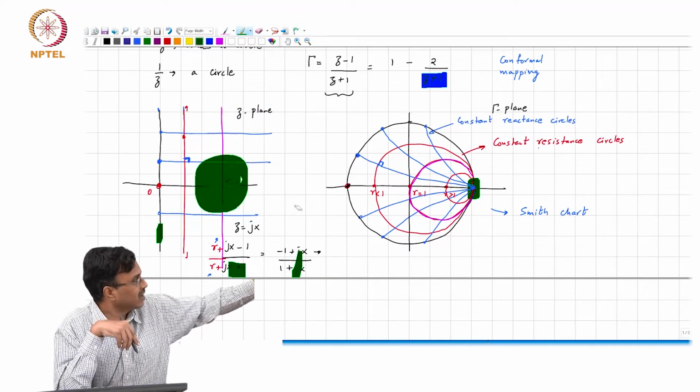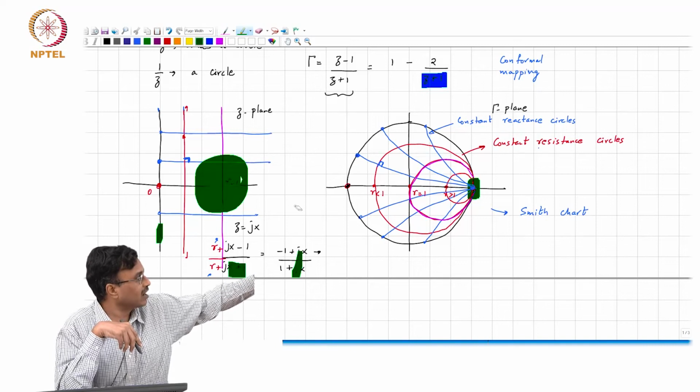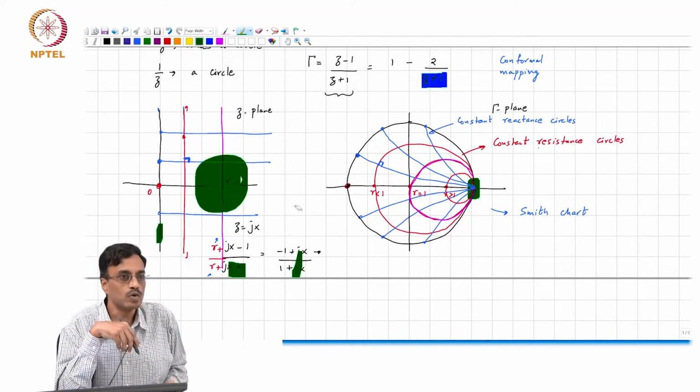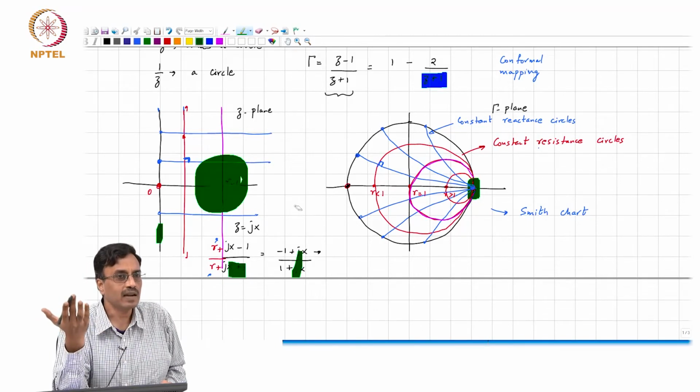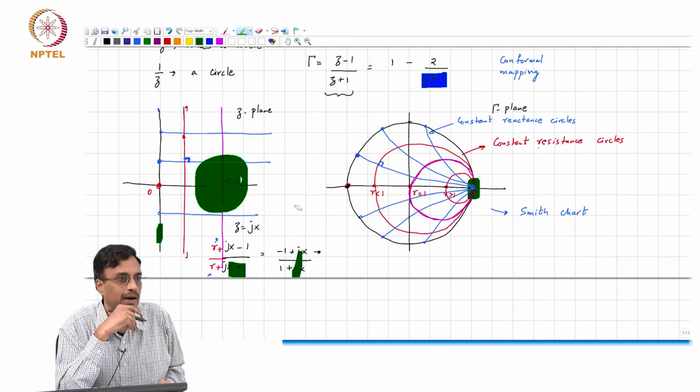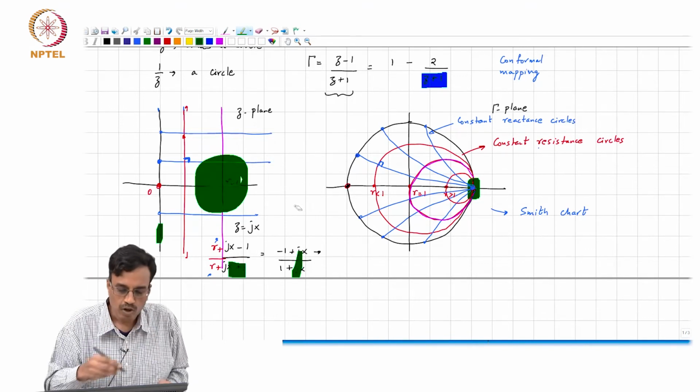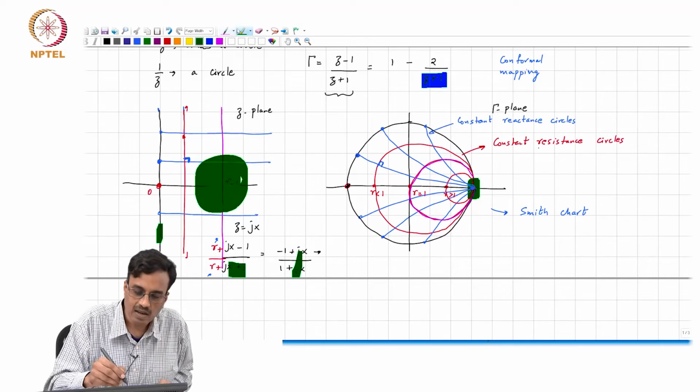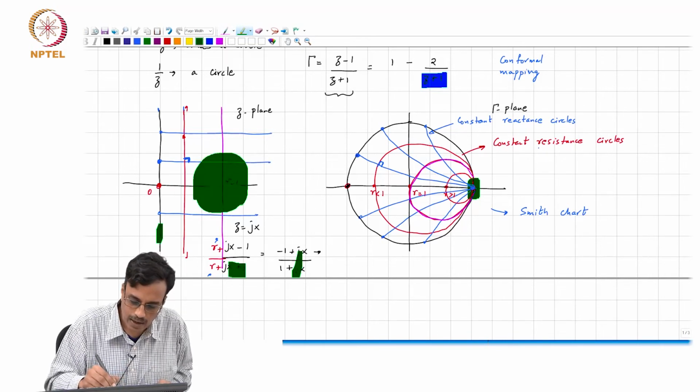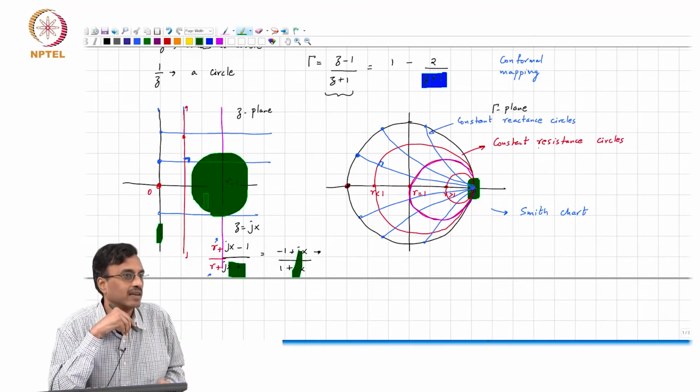And even a small deviation from say r equal to 1 to r equal to 2 already means that you are reflecting about 30% of your power back to the source. So in other words, this is where all the action is happening.